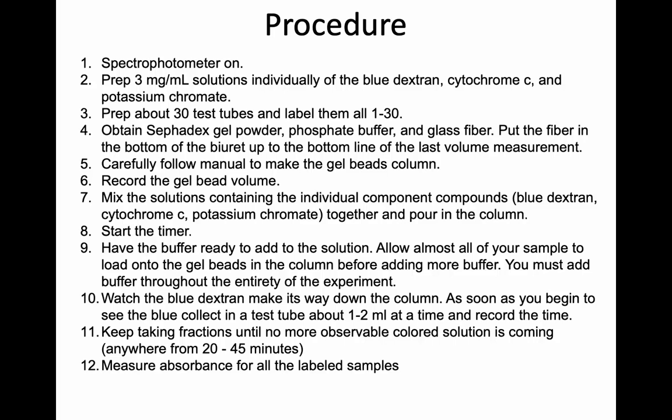Then the TA will give you a standard curve for the 3 compounds, and will make you measure the absorbance for all these 30 tubes at 3 different wavelengths corresponding to the 3 compounds. And then finally you need to plot your eluted volumes versus absorbance and use this data to estimate your KAV.